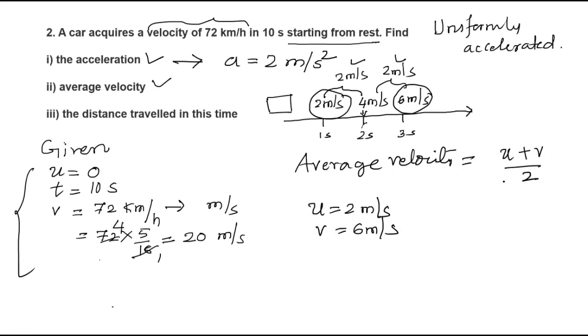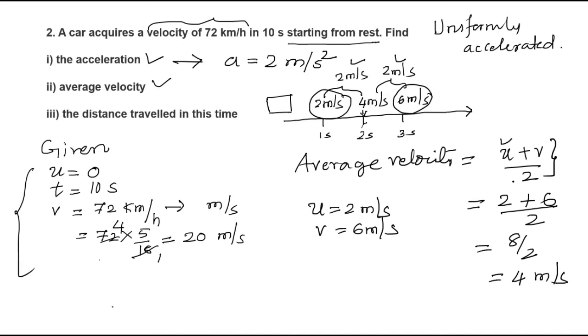That simple calculation becomes 2 plus 6 divided by 2, that is 8 by 2, and that is 4 meter per second. So this is the equation to find average velocity.